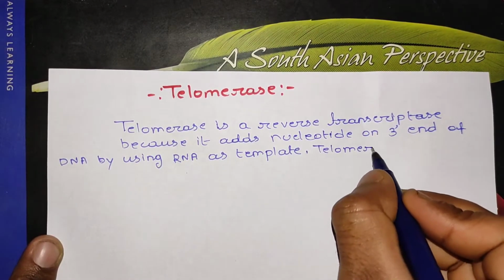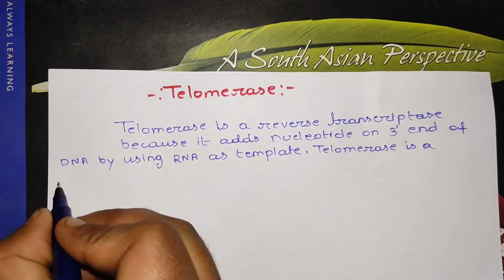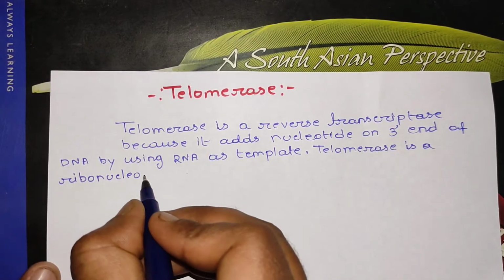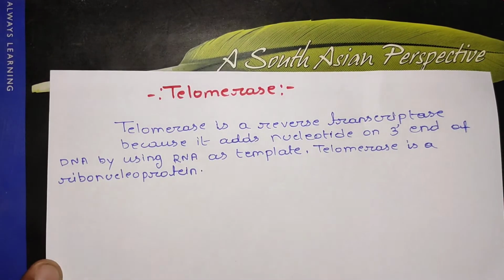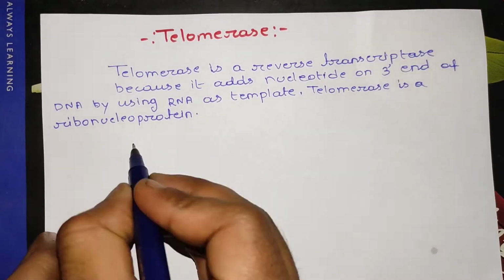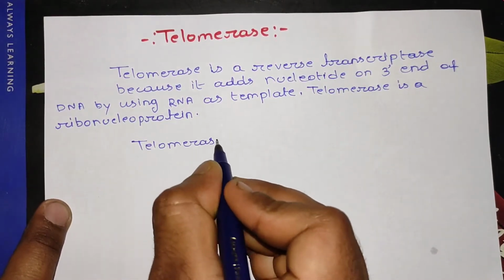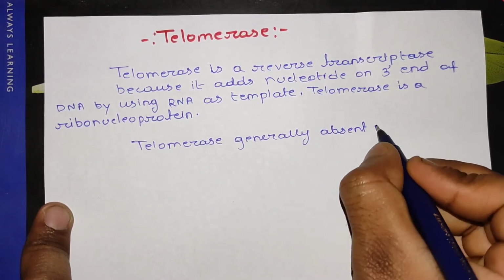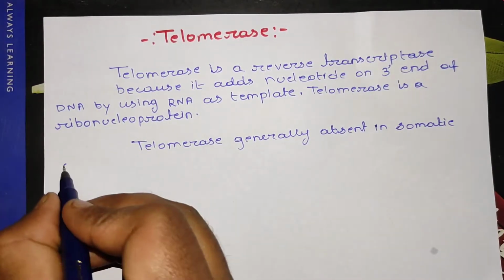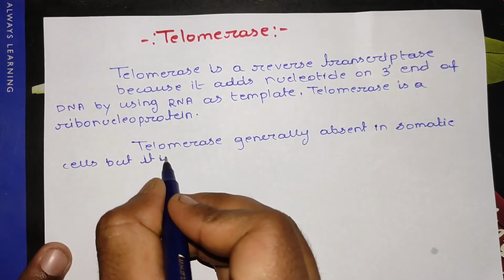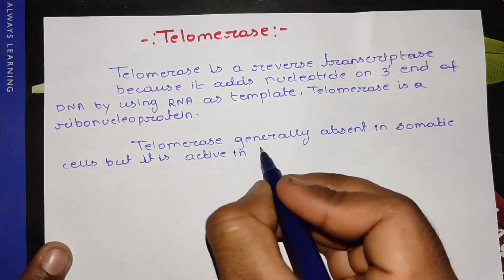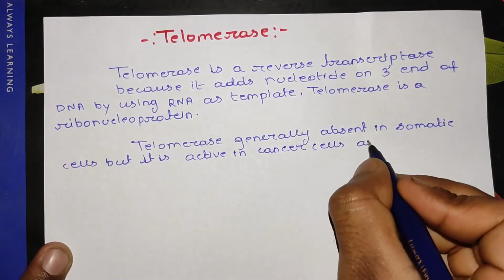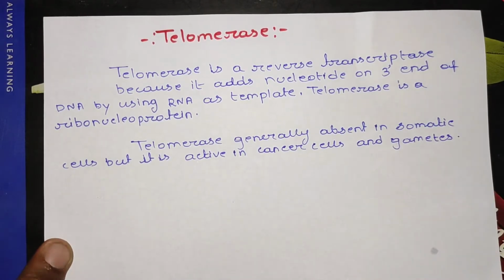So it contains RNA itself. Telomerase is a type of ribonucleoprotein because it contains RNA and proteins. Telomerase is generally absent in somatic cells, but it is active in cancer cells and gametes.